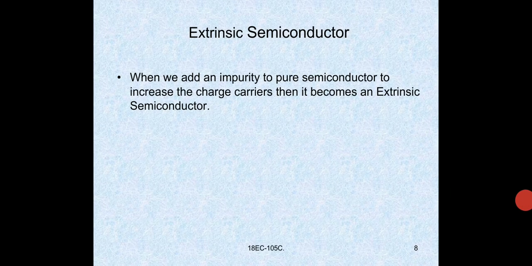A pure semiconductor is rather useless, as it acts like an insulator, but it can be made very usable by adding some impurities. So that is what we are discussing, the adding of impurities to a pure semiconductor.